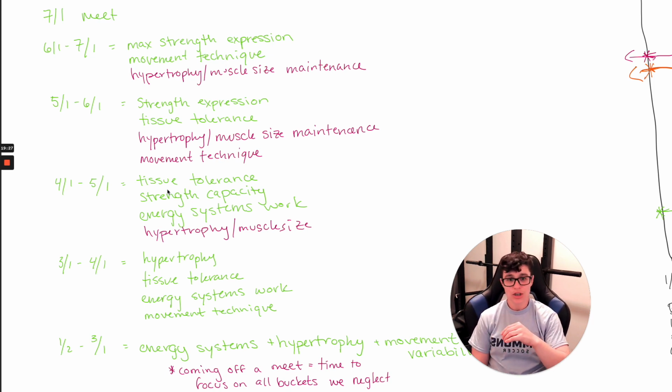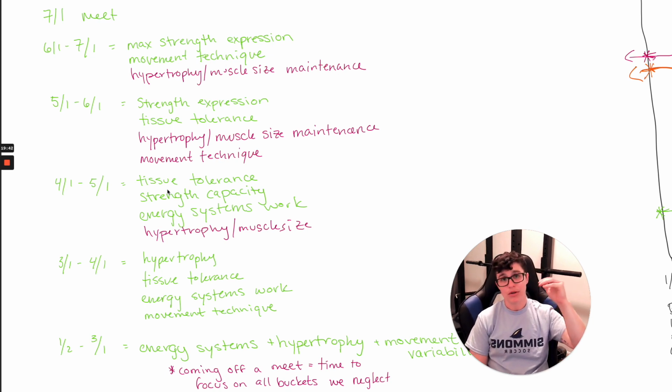So we want to make sure that the athlete is set up for success by giving them a block where they can focus on their movement technique to get back into it so that we can then utilize it for strength capacity and then build upon that.